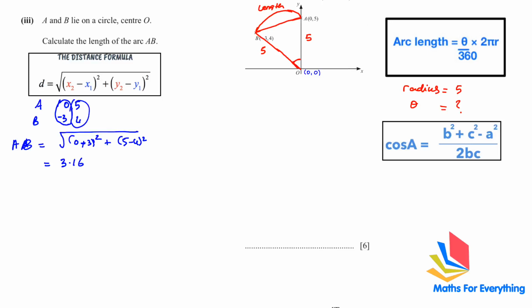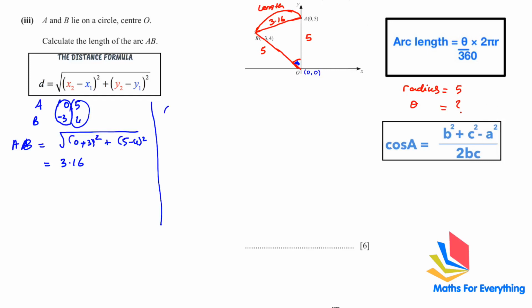So now you have got your side AB. Using the cos rule, we will find the angle, this angle here. So cos A is equal to b squared plus c squared minus a squared over 2bc. b and c can be either of the sides, but a has to be the side opposite the angle.